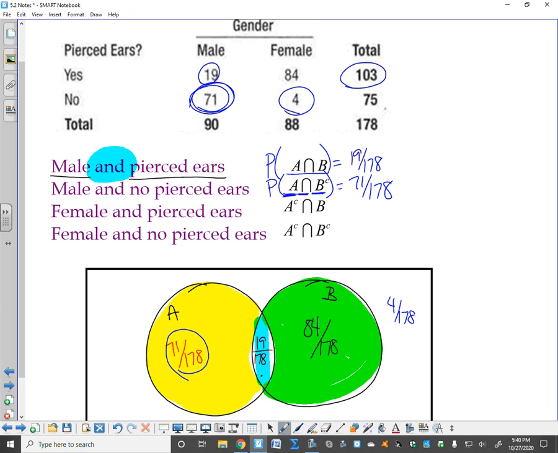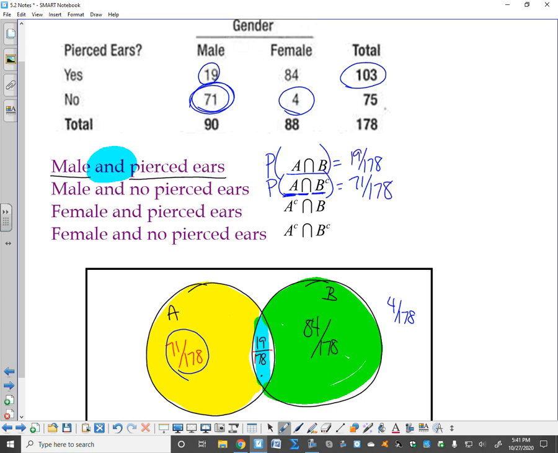Okay, female. Well, we defined event A as being male. So female is the complement of being male. So a complement and intersection, pierced ears. So I want to be female.